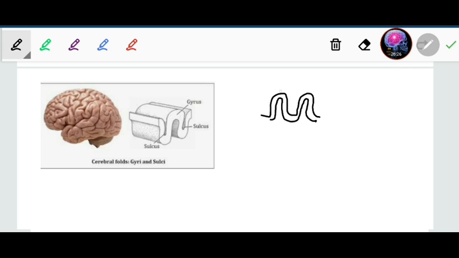So if I take a gyrus, it contains a central core of white matter, covered by a layer of gray matter.